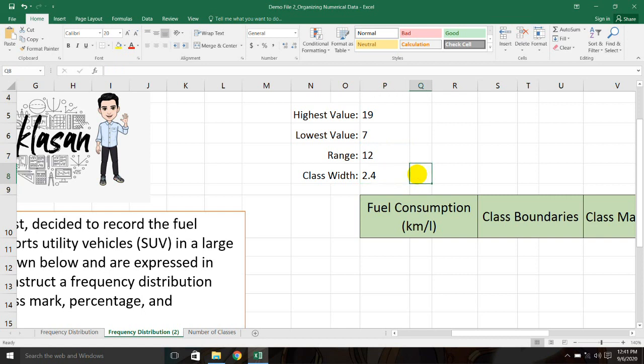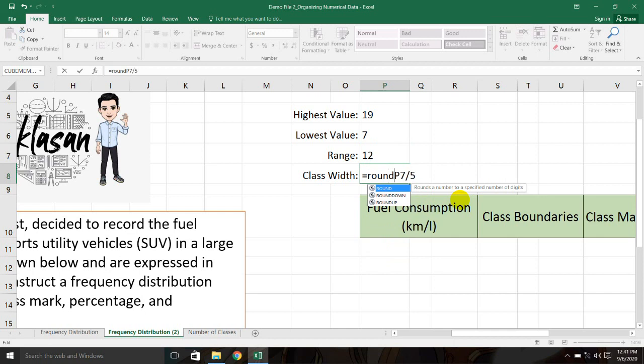Okay? What if you still don't know round up and you forgot it, but you have Excel? We can still use the ROUNDUP formula. By using the ROUNDUP formula, this is the number being referred to. In this case, we need to divide 12 by 5, and then round it up to the nearest whole number.